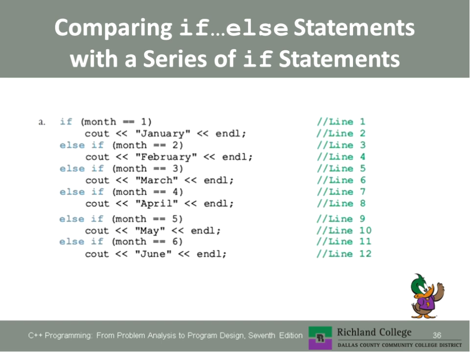So in this case, you are comparing months. So month has to be an integral data type. So if this would be actual code that you want to type in, then you would say int month, and let's say you're assigning month number 5 to that.